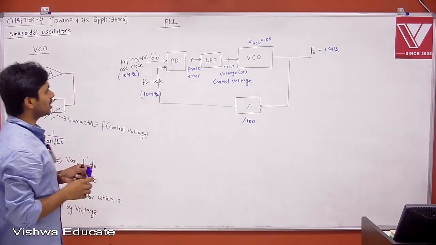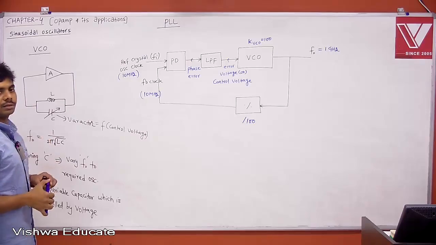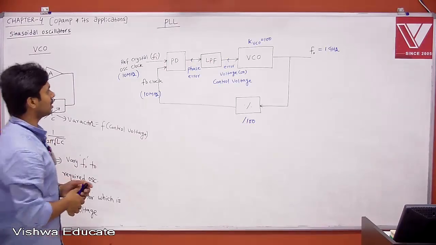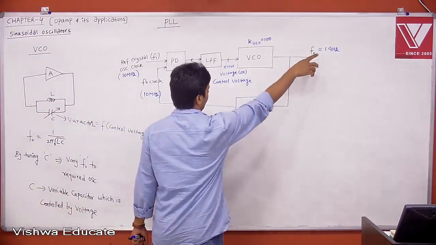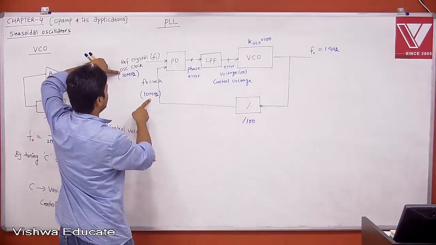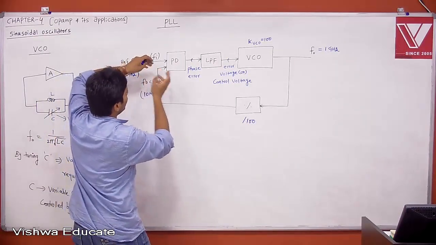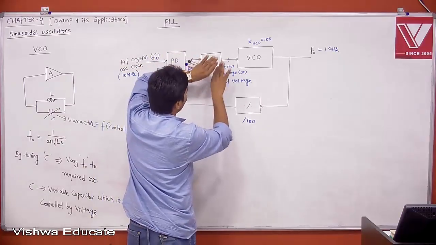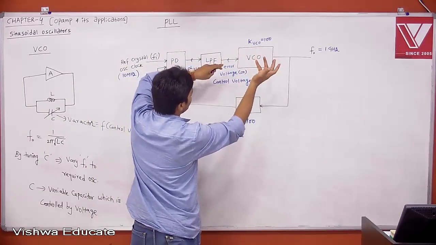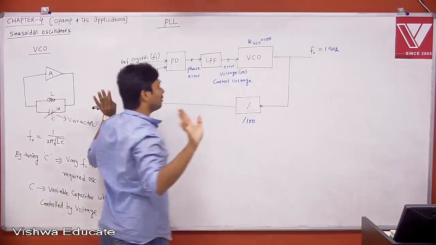Now just listen. Under steady state, this is 1 GHz, this is 10 MHz, this is 10 MHz, always constant. Then 10 MHz to 10 MHz, no difference, no phase error, no error voltage, no change in control voltage, no change in F0. Fine, fantastic.